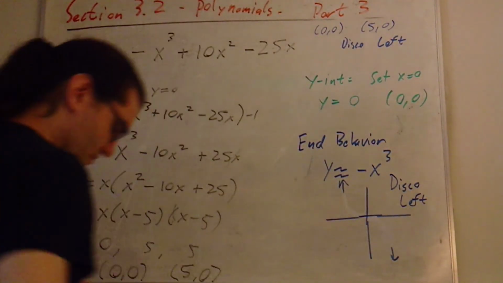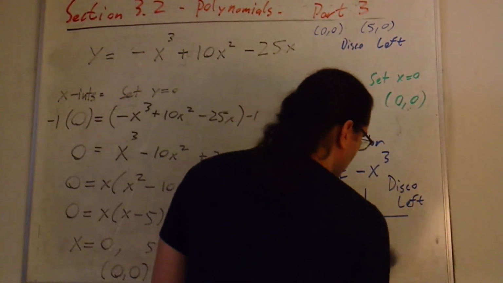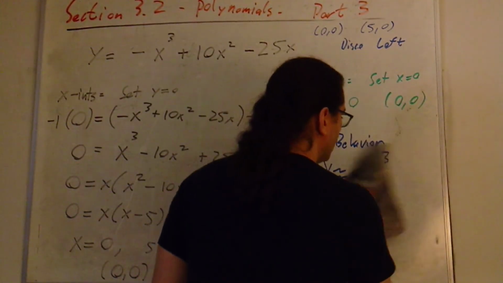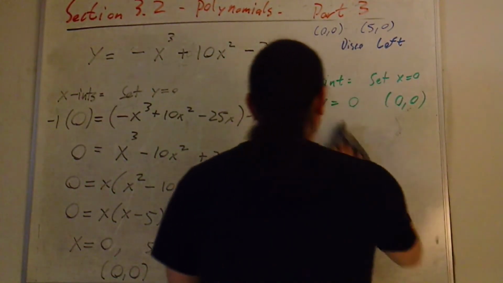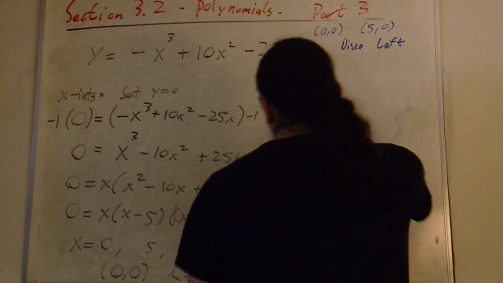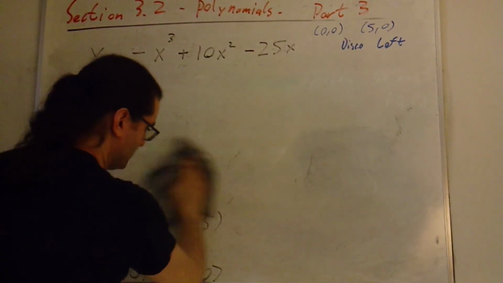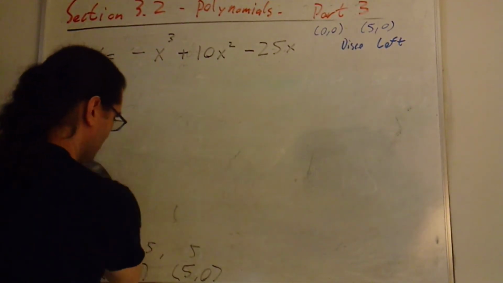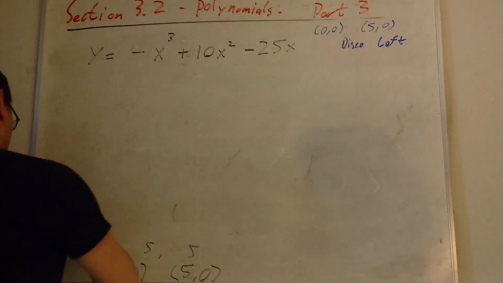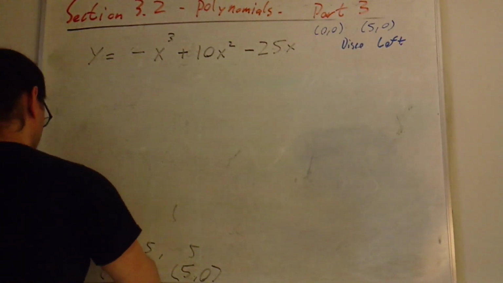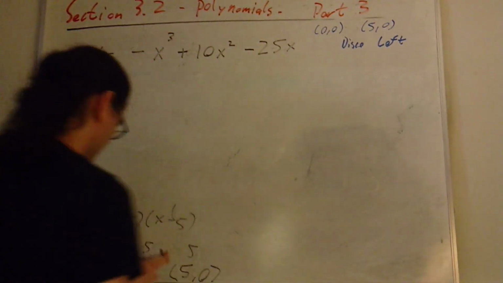Now we can erase most of this, start drawing a graph. Kind of wanted that last line here. Let me bring that back. 0 equals x times x minus 5 times x minus 5. Okay.